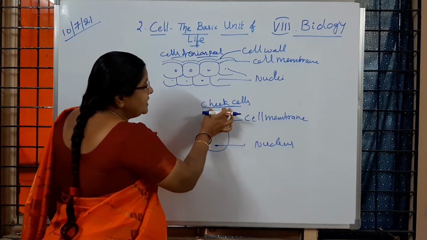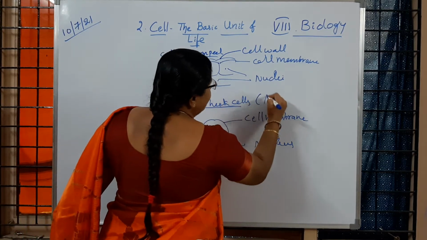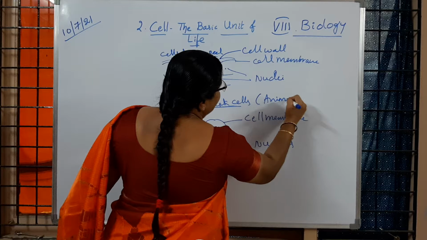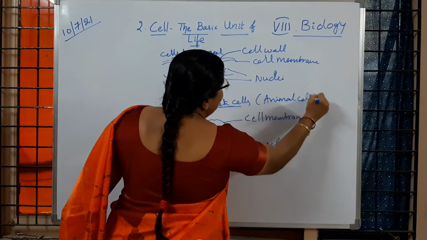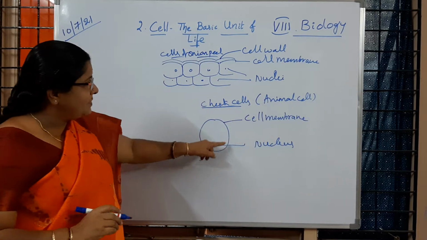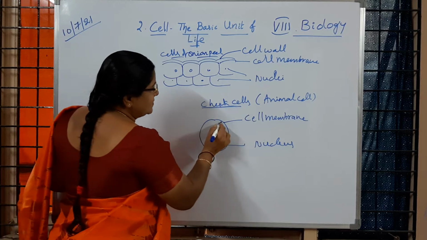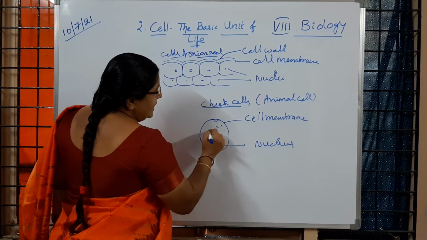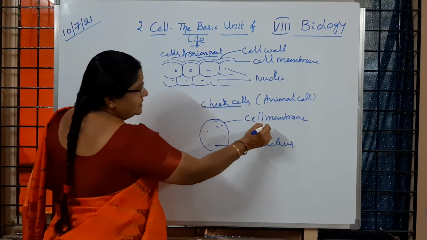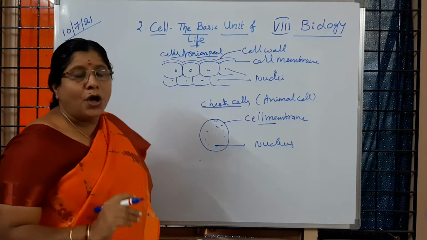Whereas the cheek cell is an example of an animal cell. Here you are not going to observe anything extra, just the cell membrane.